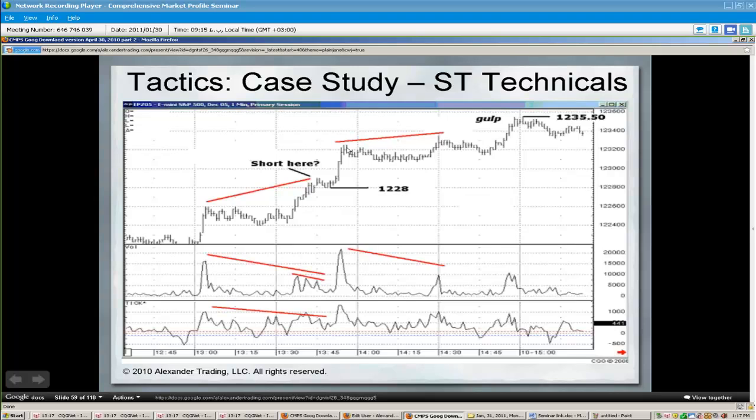Because volume is dropping off, and now the market goes up here, and now there's a real divergence. I know this divergence is real. Now I'm going to double up. Now all I want out of this trade is to get out at break even. I know it'll retrace 3 handles. I know it'll come down to 1230 and let me out.